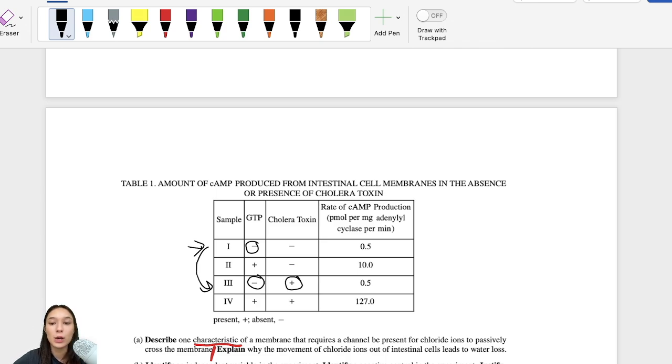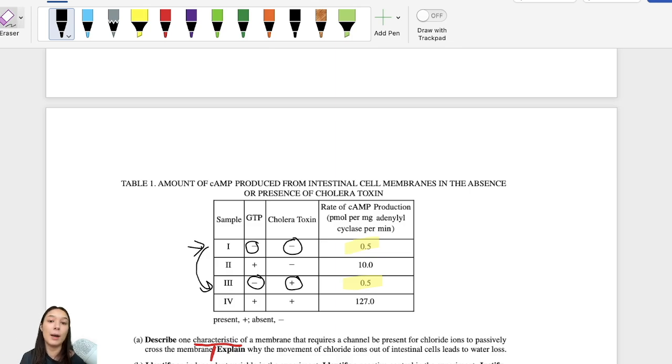So because the only difference between number 1 and number 3 is the cholera toxin, whatever change in the rate of cyclic AMP, or in this case, the lack of change, is due to the cholera toxin. Because these two both have the same rate of cyclic AMP, in this case, there is no change. So cholera toxin had no effect, right? Because I basically took number 1, I added cholera toxin and turned it into number 3, and I saw no change.